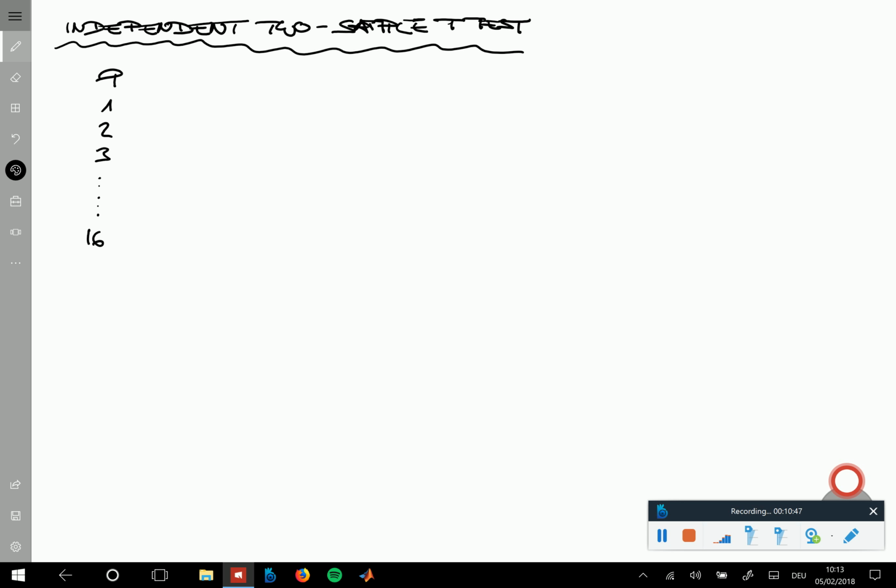So I decided we look at the difference between young and old, and young being here defined as younger than 30. This induces then two groups. So this would be group 1 here. And here we have group 2. And here we have participants then 17, 18 to 32.